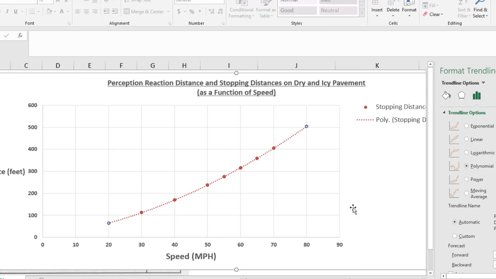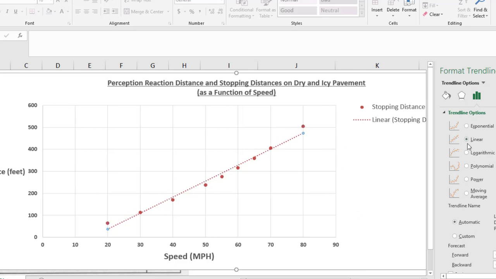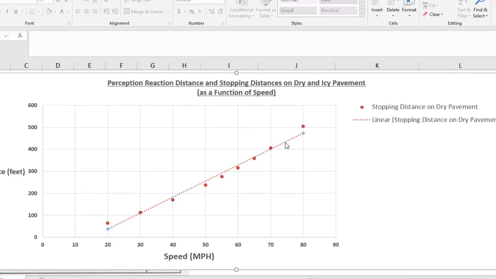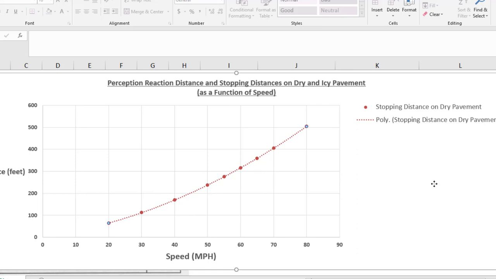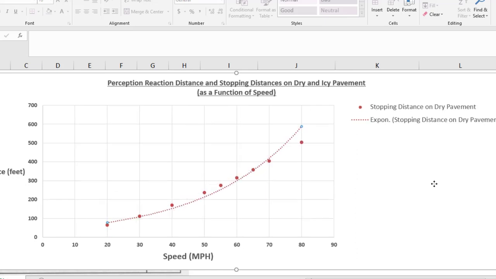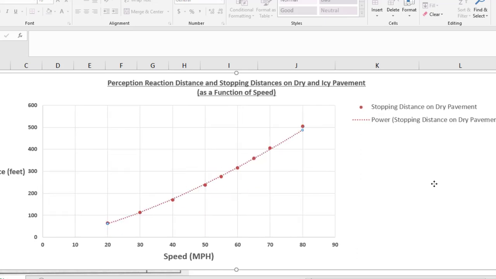What's important is being able to look at the relationship in the graph and realize that that relationship is not linear. As a matter of fact, if I go back and delete this, I'm going to do a whole bunch of undos here and get my original data back. I'm hitting a lot of Control Z's right now, putting my original data back on, which consisted of perception distance.